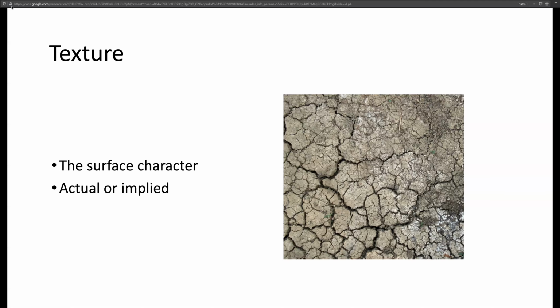So you can photograph texture, you can draw texture, you can actually put texture on a thing that's tangible that people can touch. And the cool thing about texture is that every single thing has it. If you look around your space right now, look at your wall, look at your desk, look at your ceiling, look at your carpet, right? Everything has a different type of surface character. And so texture is everywhere. Our skin has texture, our hair, a doorknob, right?